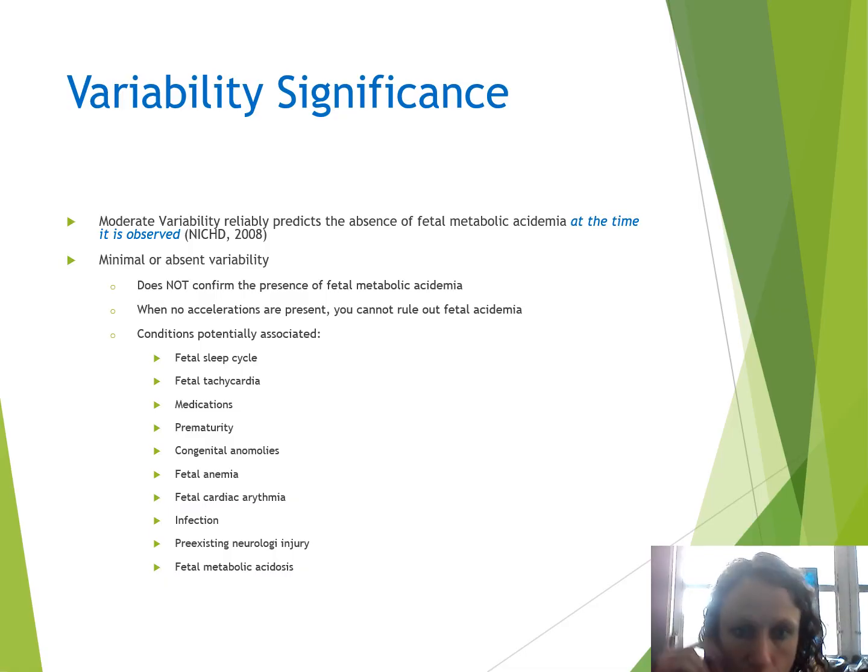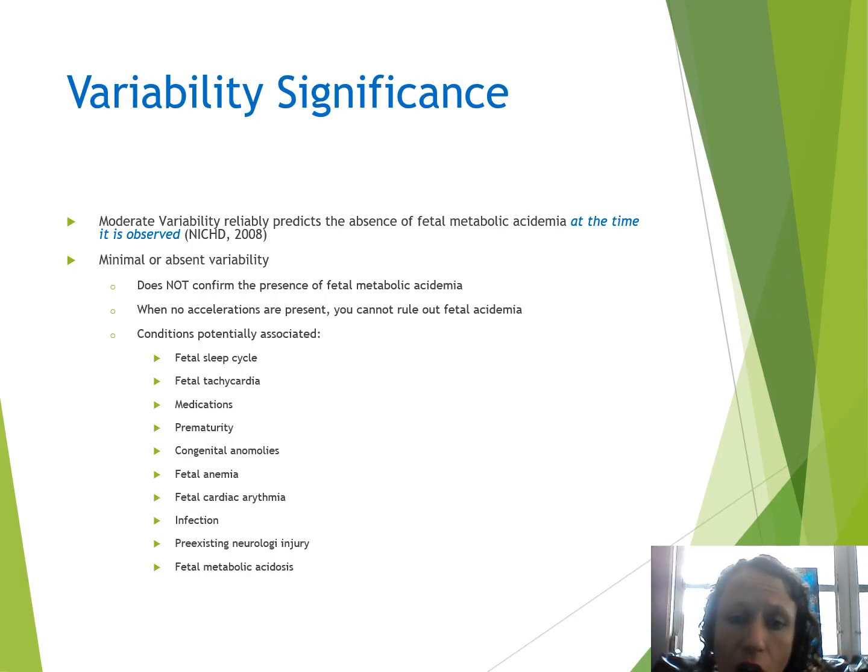So that's good. When we have minimal or absent variability, it doesn't say that they have fetal acidemia, but it doesn't rule it out. Okay? So when we have this minimal or absent variability, it puts them in a different category.